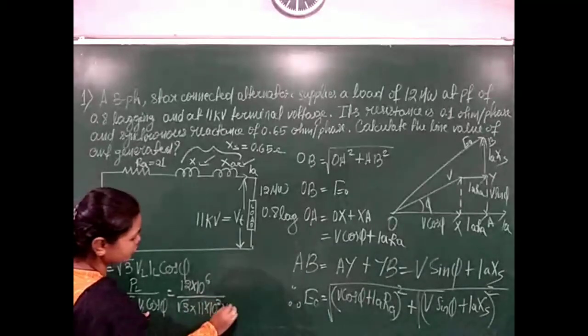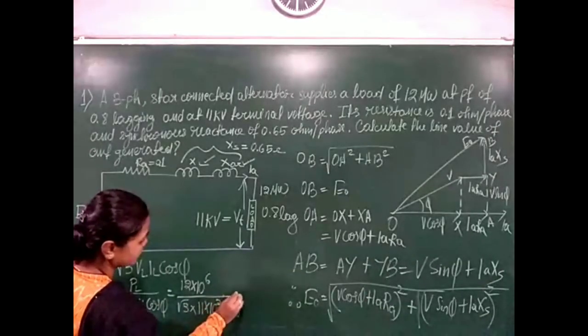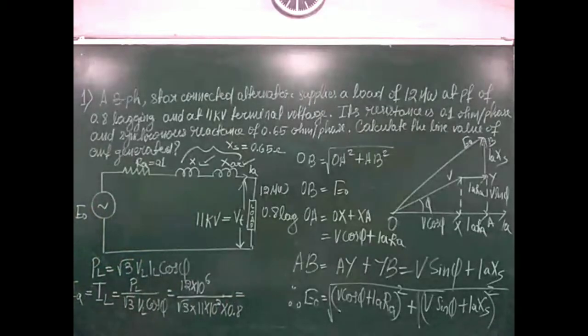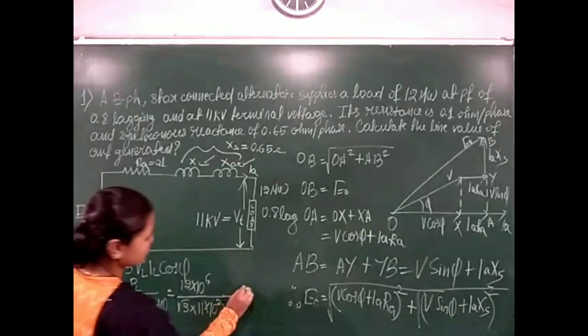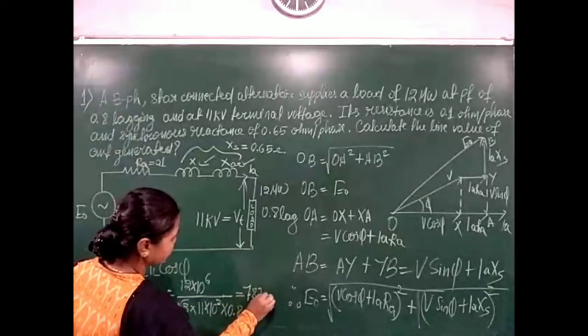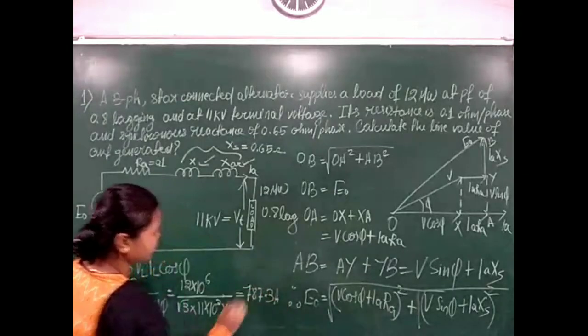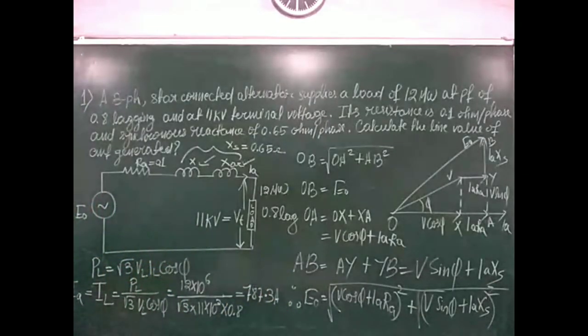Cos phi is 0.8, and after the calculation you get IA is 787.3 ampere.